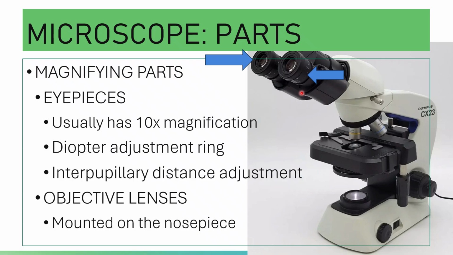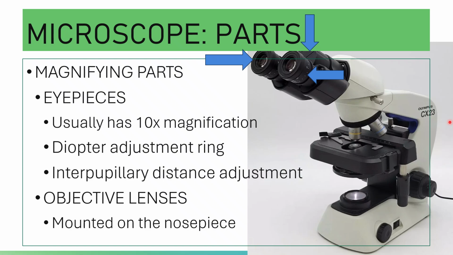Have you heard of, my left eye has a grade of 250 and the other one is 300, something like that? So this is again your interpupillary adjustment, and this is your diopter adjustment.